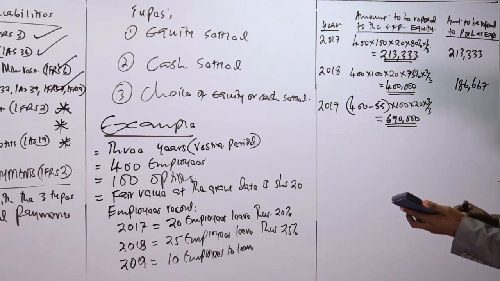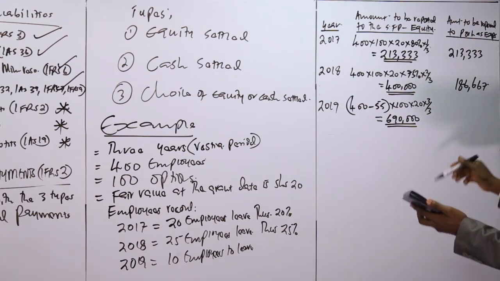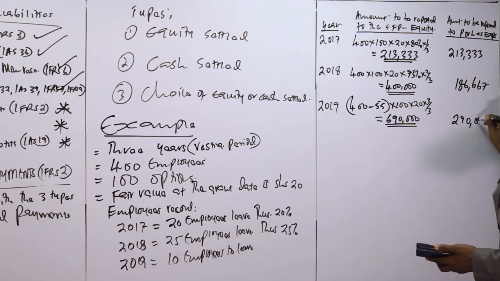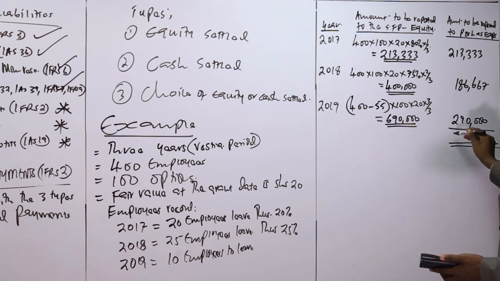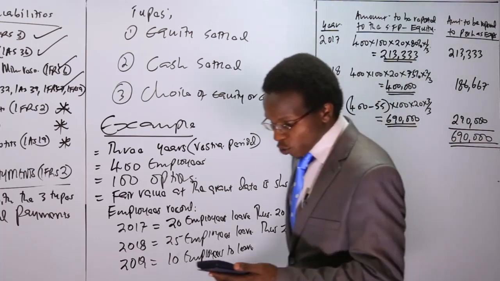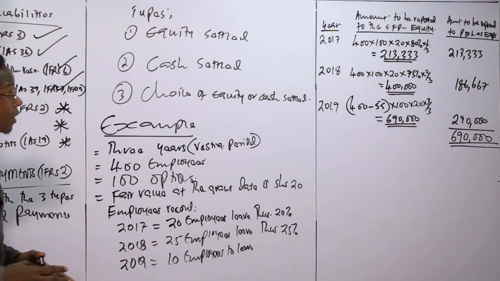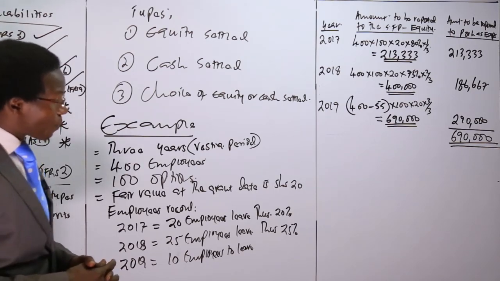I'll take 690, I subtract 400 so that I get 290,000. So if I add these items, it should bring to me the 690. All those three should give me the 690. So that's what we should recognize in our statement of profit or loss, and in our statement of financial position.